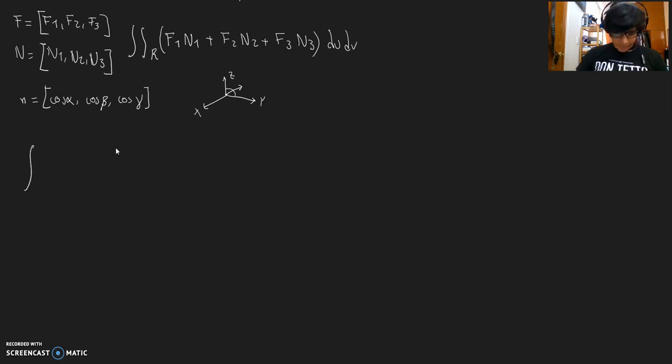We have the integral over the surface of F1 cosine of alpha plus F2 cosine of beta plus F3 cosine of gamma, and all that multiplied by the differential of area.